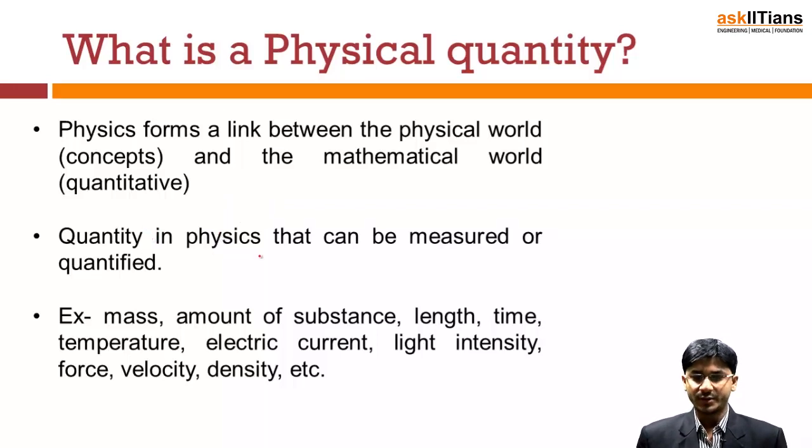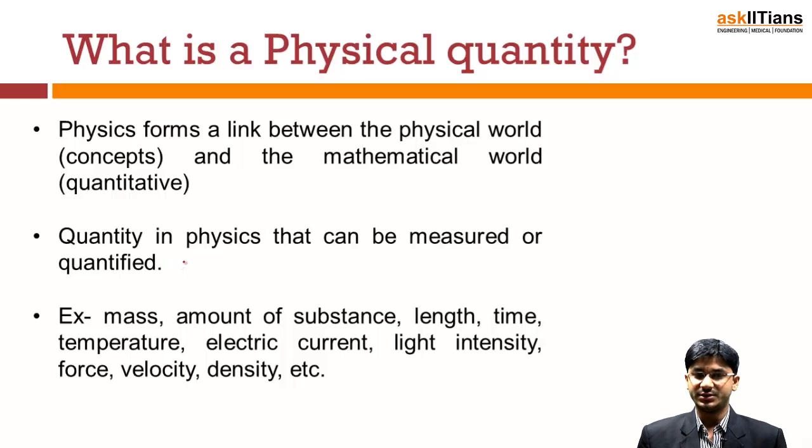Then a quantity in physics is something that can be measured or quantified. What are the quantities that we can measure? Like we can measure mass. We are used to seeing the measuring of mass in grocery stores, and we can measure the speed with which something is moving.